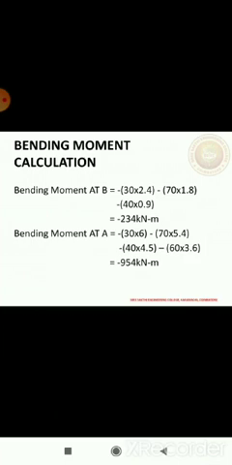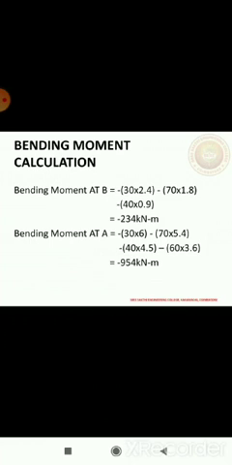For A and C, the load is 40 kilonewton and the distance is 4.5 meters. So minus 40 into 4.5. Then for A and B, the load is 60 kilonewton and the distance is 3.6 meters. So minus 60 into 3.6. After calculating, the answer is minus 954 kilonewton meter.